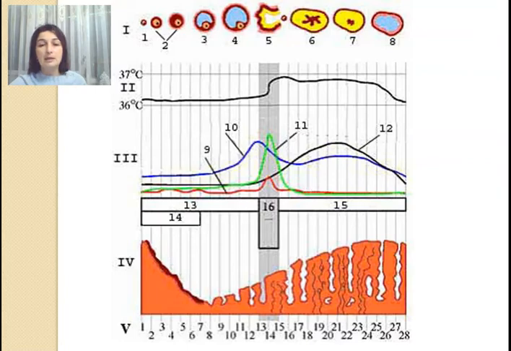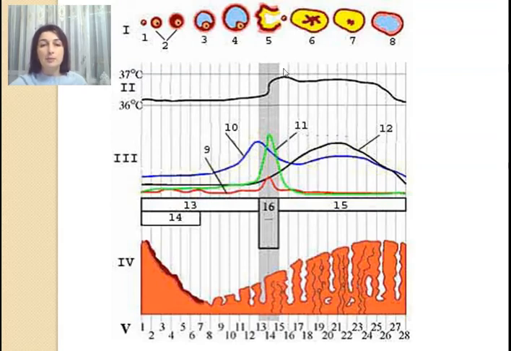But in the second stage, we will see a surge in the level of progesterone, which is produced by the yellow body, which prepares the endometrium for implantation. Also, estrogens will again surge, as they are needed for the cyclic changes that take place in the wall of the endometrium.